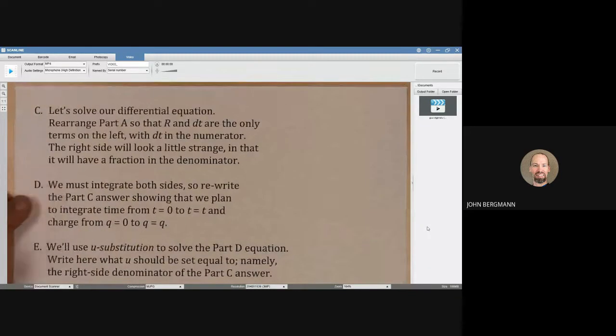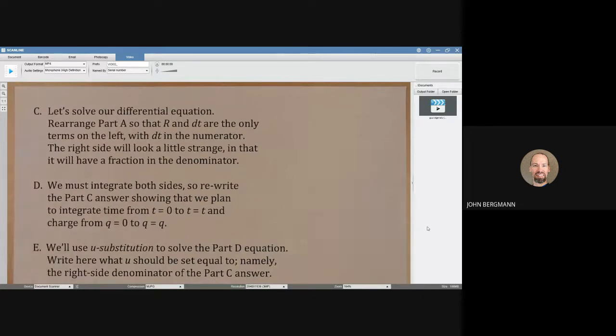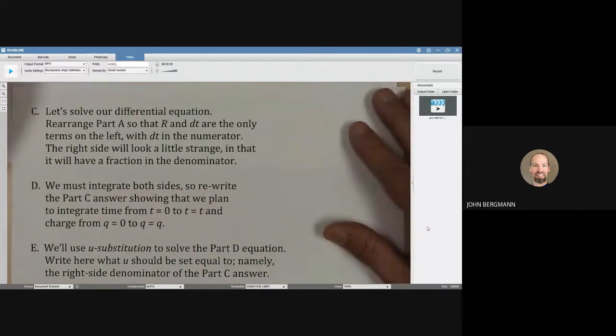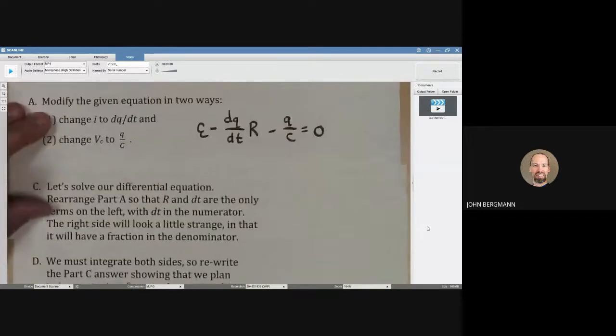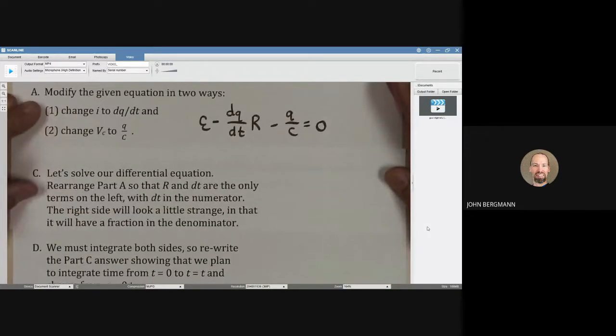Now we're going to solve this differential equation. We're going to rearrange that answer so that we have R and dt on the left, and dt is going to be in the numerator. So there's our differential equation.